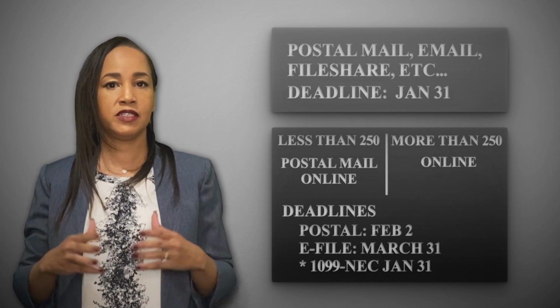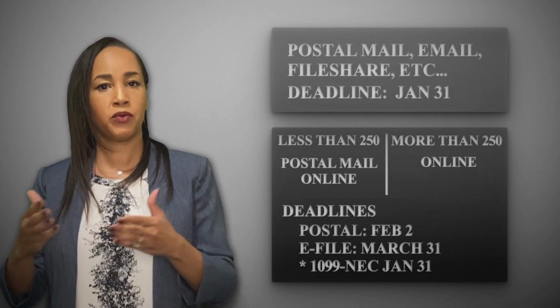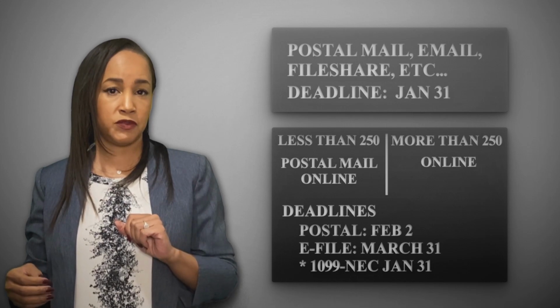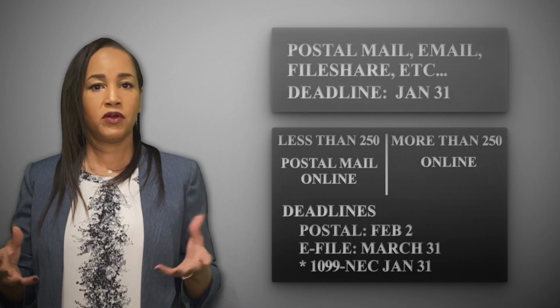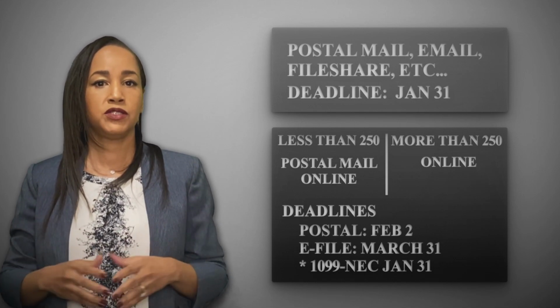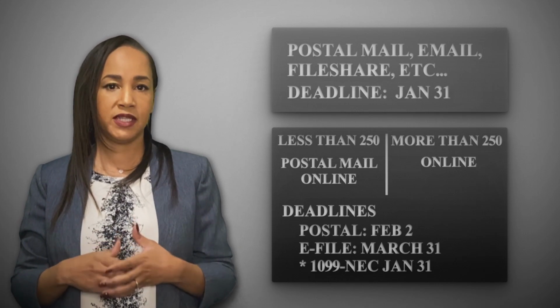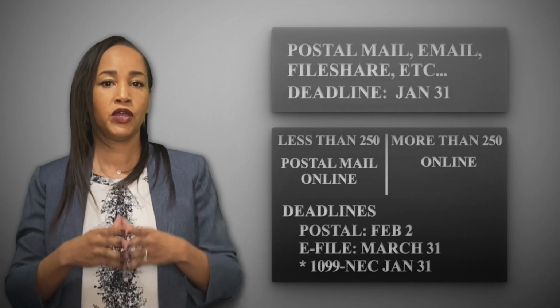You cannot simply print them off, and that is because of the way IRS receives and processes their 1099s. So you do need to order the forms from IRS. You could do so from their website. Now, once you order the forms, receive the forms, you fill them out properly, you're going to mail them to one of 3 available addresses to send to IRS, and the address you choose will be based on your business address.